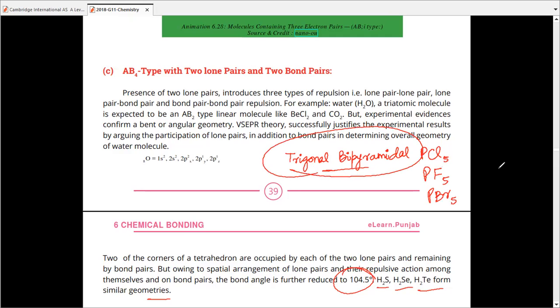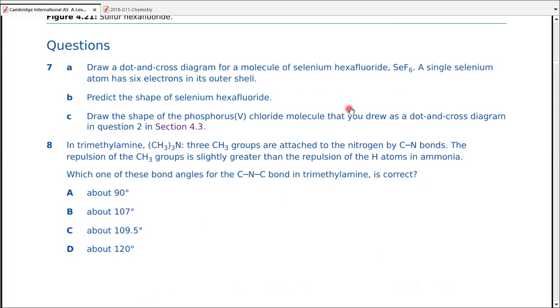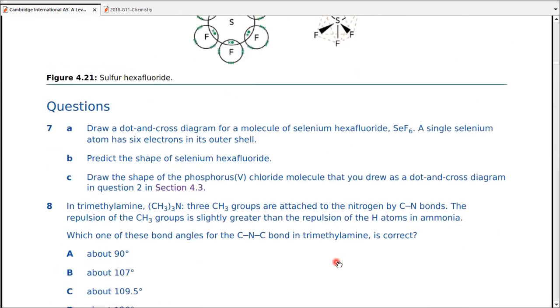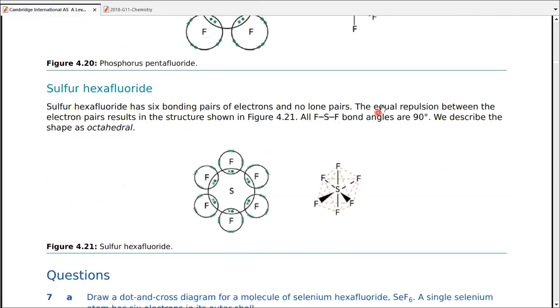So you already know what kind of examples you can come up with to discuss about the similar structure or similar angles, right? So today's lesson gives you a very good idea of how things work in VSEPR theory, how they can come up with different examples to ask the similar question. All right.